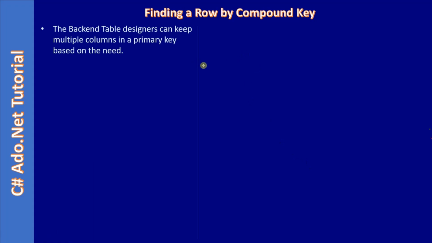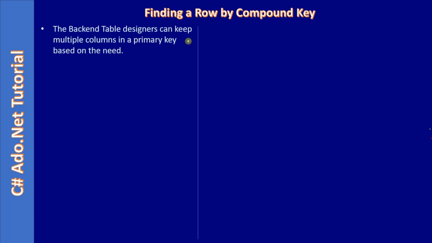The backend table designer can keep multiple columns in a primary key based on the need. So in our example, we picked a customer table, and the customer table contains a primary key, but that primary key is based on a single customer ID column. In some tables, it is possible to mix one or more columns to form a primary key.